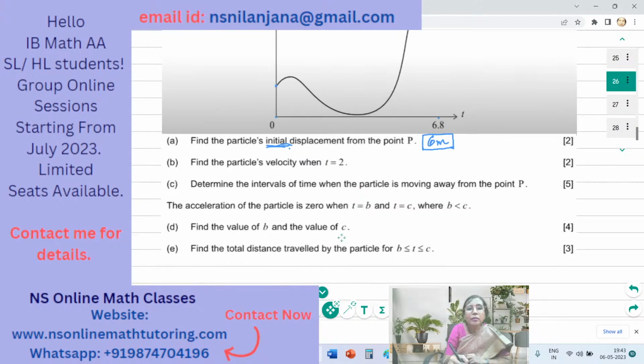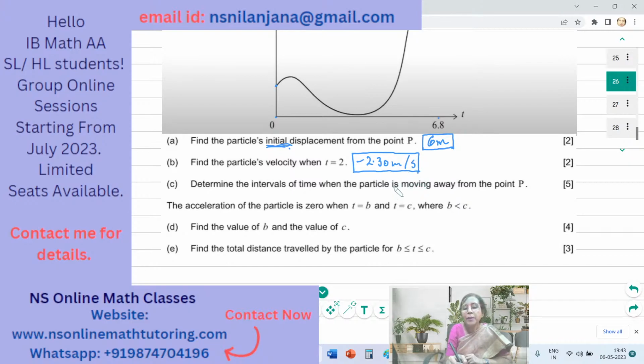Therefore, the particle's velocity when T is equal to 2 is negative 2.30 meter per second. Okay, so we have got the value of the velocity when time is equal to 2 seconds.